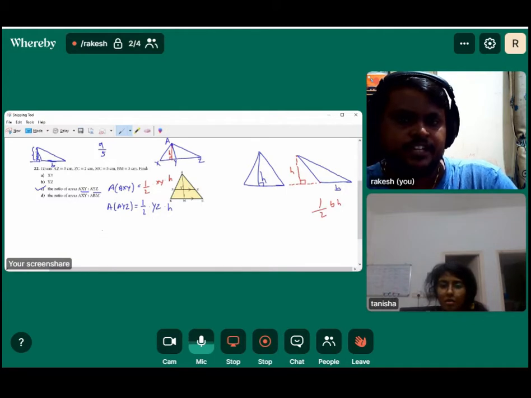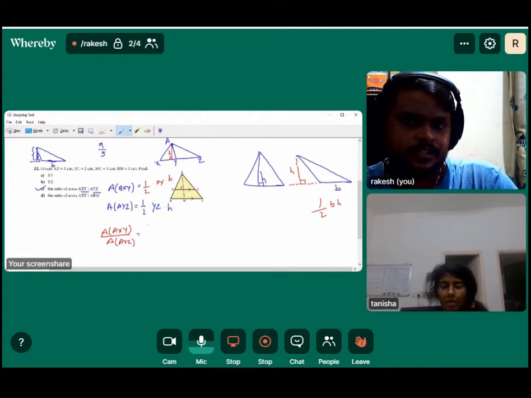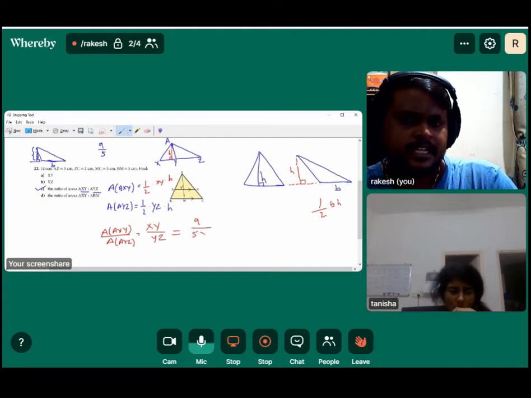So if you take the ratio, area of AXY upon area of AYZ, half will cancel out, H will also cancel out. So we are left with XY upon YZ. What is XY? XY was 9 by 5 and YZ was 3.